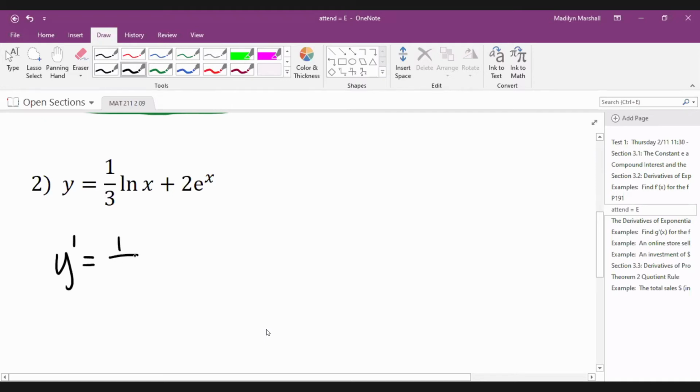That 1/3 is just there. It's just a number multiplied to what's coming next to it. So what is the derivative of natural log of x? Just 1 over x. Exactly, 1 over x. Then our next part, that 2 is just there still. So then we can look at e to the x. And what is the derivative of e to the x? E to the x. Yes, exactly.